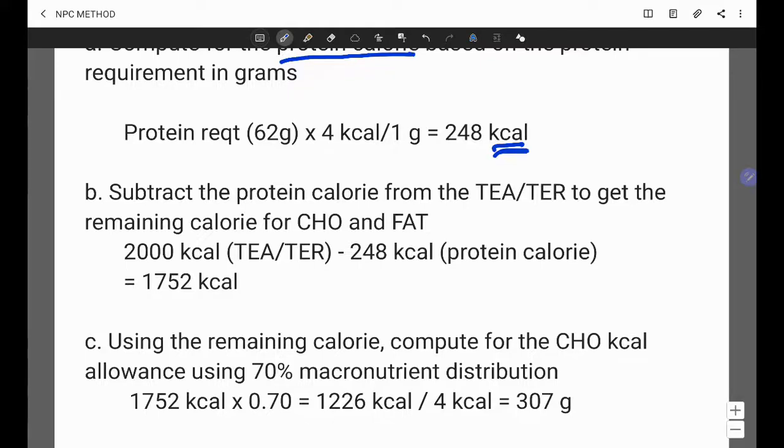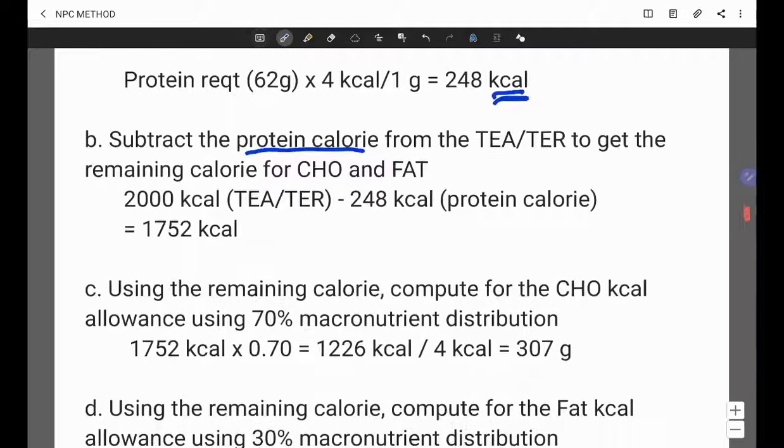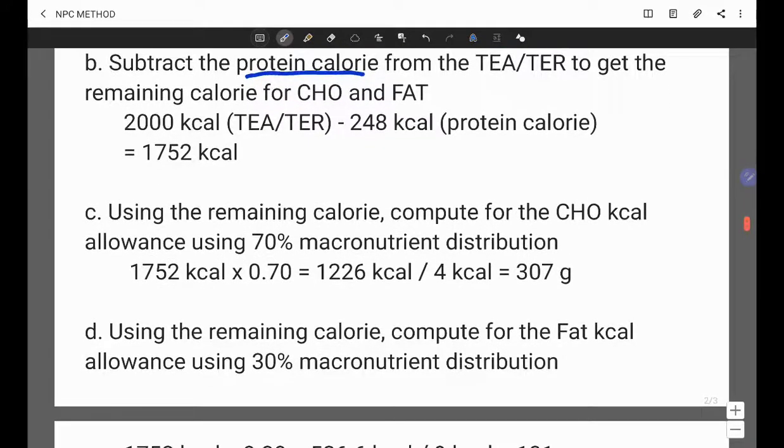So let's subtract first the protein calorie. The protein calorie is 248. We subtract that from the TEA or the TER, which is 2000 kilocalories, so that would give us 1752 calories. This is the remaining calorie that we are going to distribute for our carbohydrates and fat.